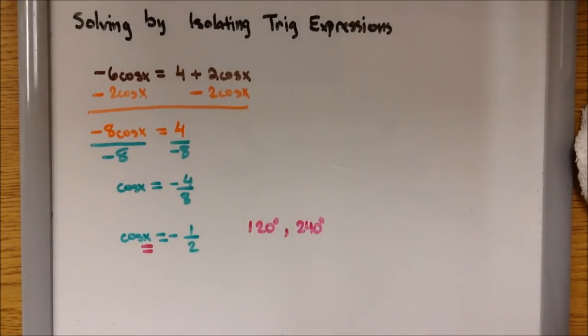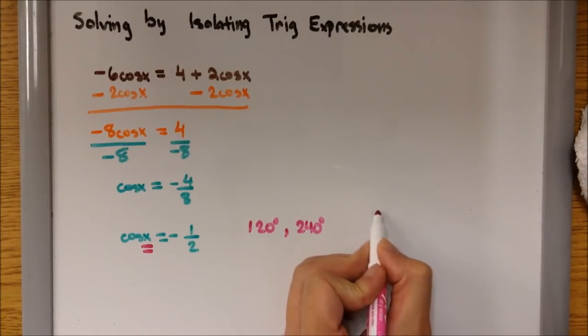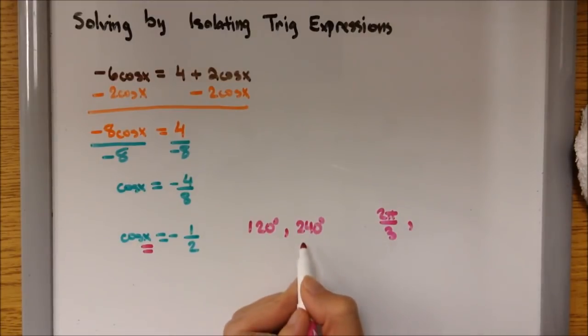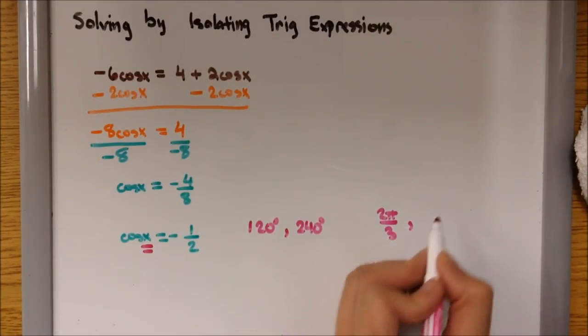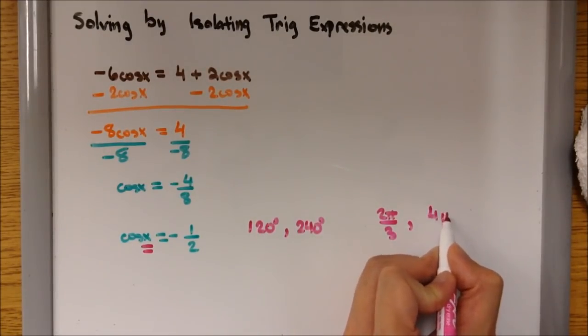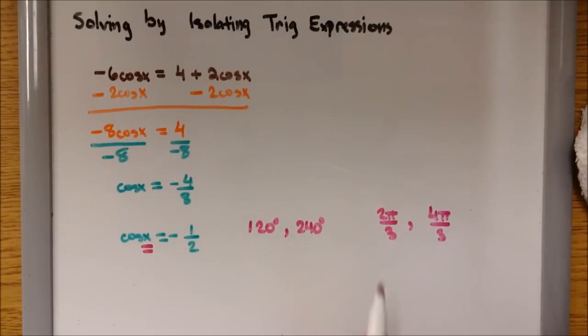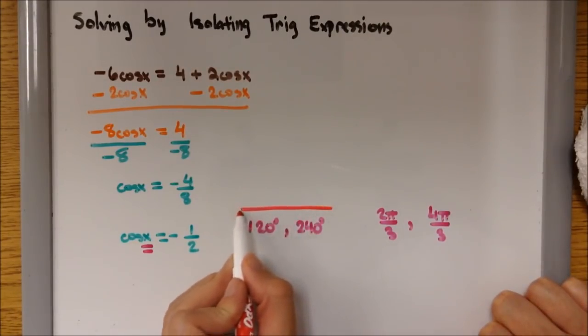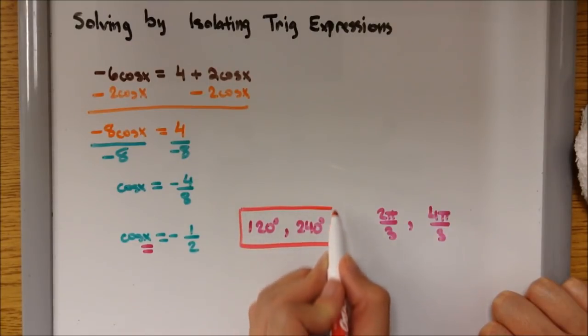If I were to ask you in radians, for 120, it would be 2 pi over 3. For 240 degrees, it would be 4 pi over 3. So those will be the final answers for x where cosine equals negative 1/2.